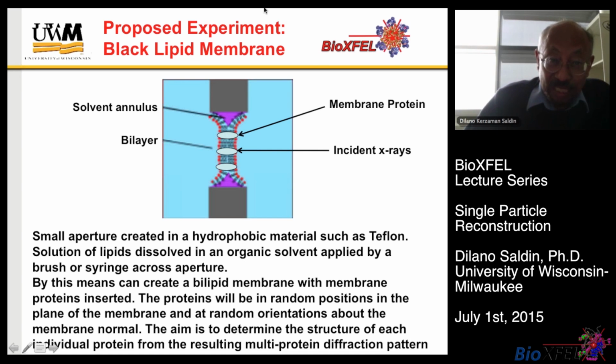So what one sees here in a diffraction pattern is the average of the intensities of all of those different membrane proteins. Now you might say, of course, you see the average of the amplitudes, but because we assume that these membrane proteins are in random positions in the membrane, the equivalent of averaging amplitudes is about the same as averaging intensities. So that's the idea for an experiment.